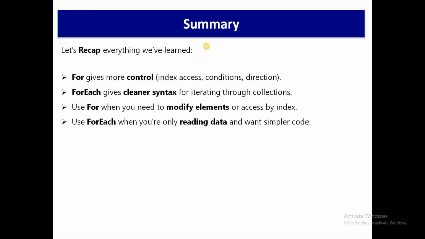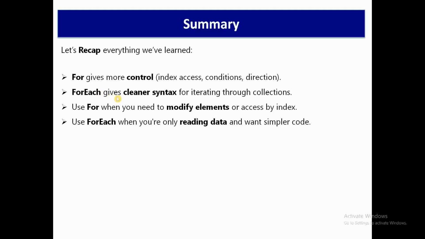Next we have the summary. Let's recap everything we learned today. First, for gives you more control over the iterating values. We can set the indexing value like 1, 2, 3, then set the conditions according to the values or the collections, or we can set the increment or decrement, like how many times we are iterating for those particular values.